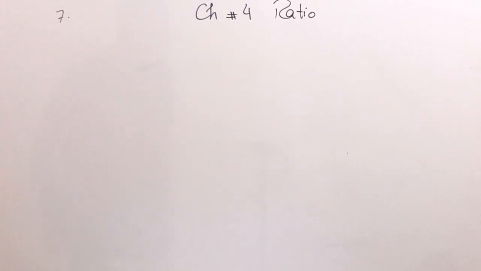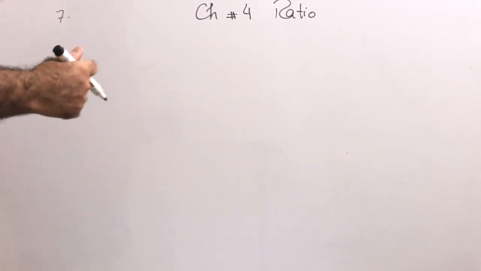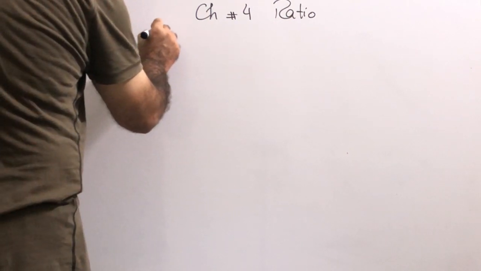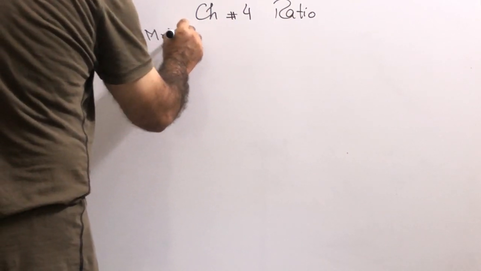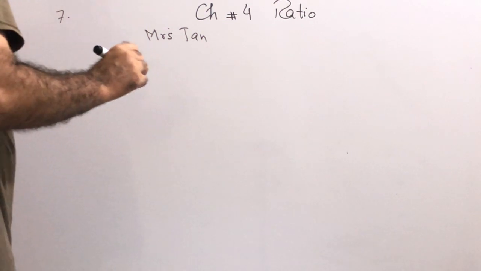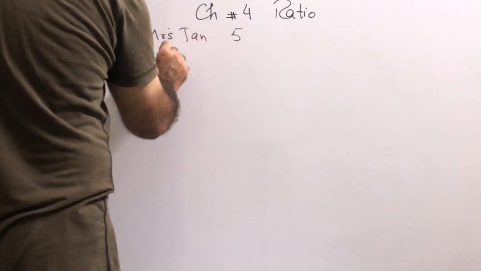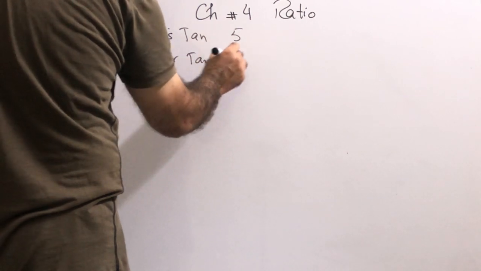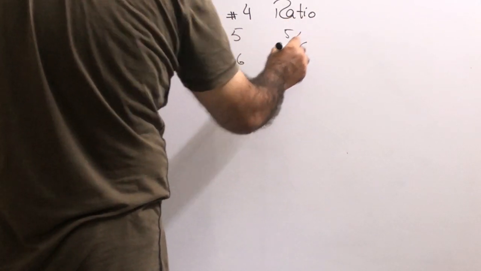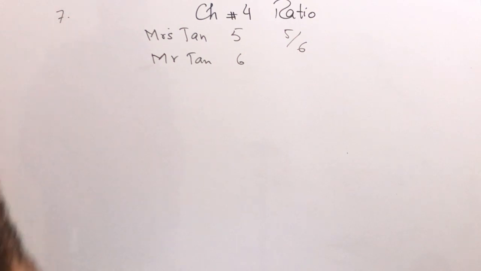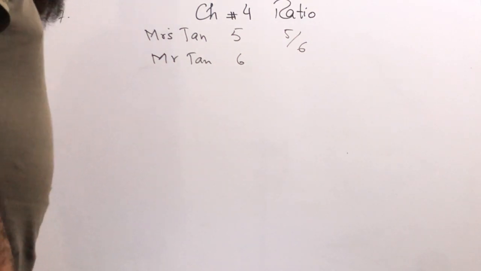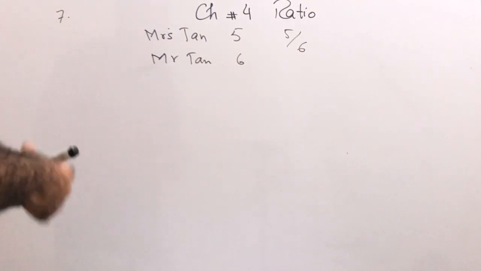Okay, so Mrs. Tan's salary is 5/6. So 5 is for Mrs. Tan and over 6, Mr. Tan is 6. Okay, 5/6 means 5 is for Mrs. Tan and 6 is for Mr. Tan. What is the ratio of Mrs. Tan's salary to Mr. Tan's salary?